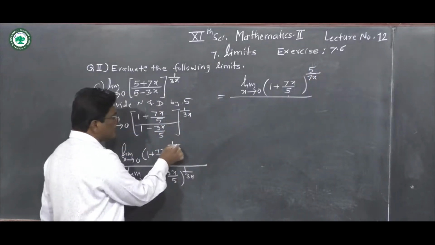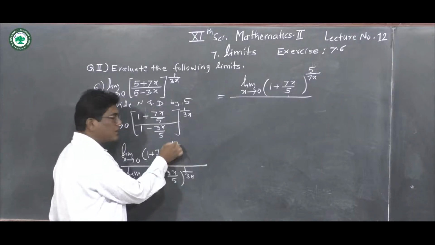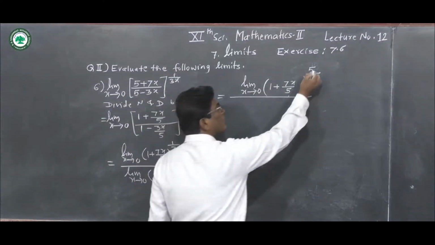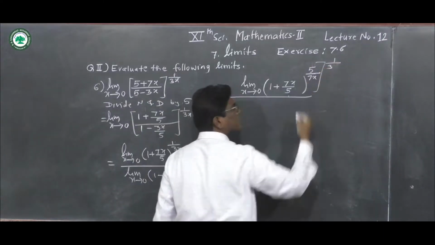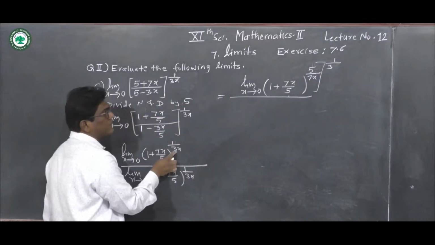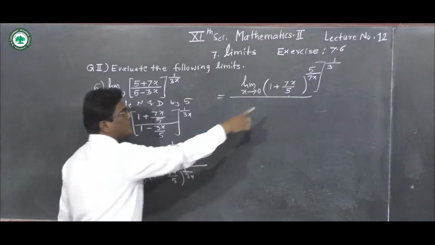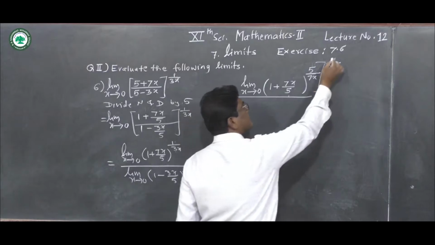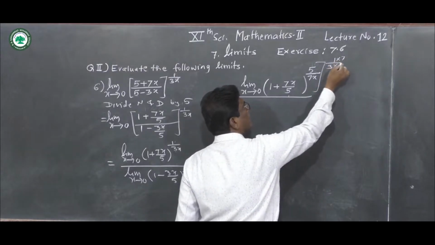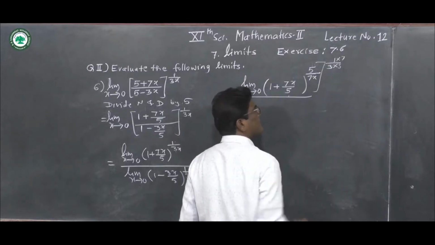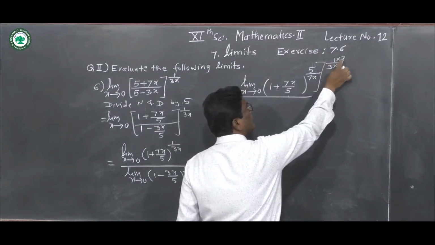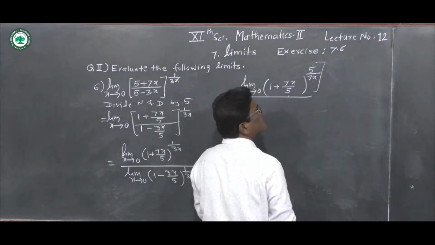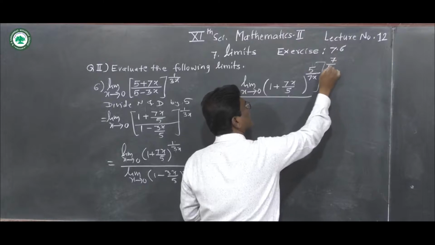Out of that, only 1/x is present, and originally we have 1/3, so we take the original 1/3 as it is. Now we adjust 5/7; to cancel it we take 7/5, so the 7 and 5 cancel, and we get 1 into 7, that is 7/15.